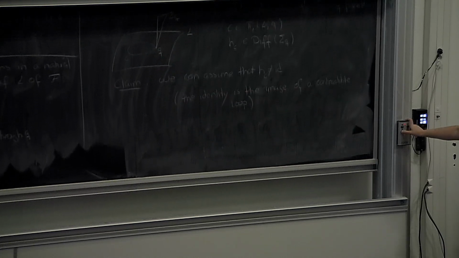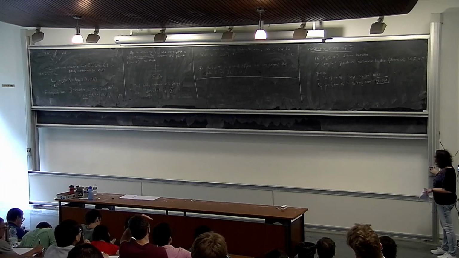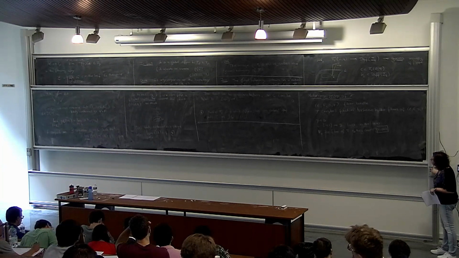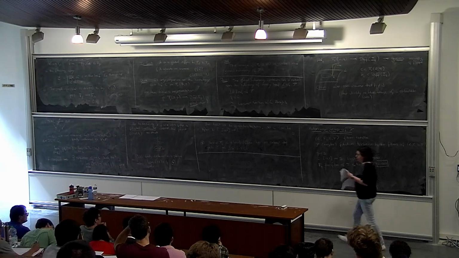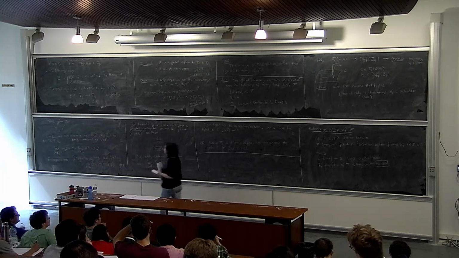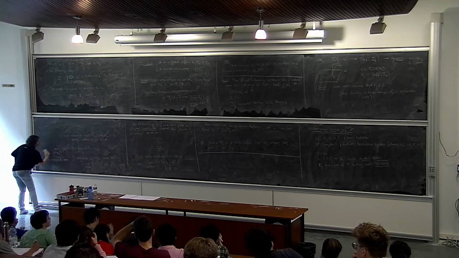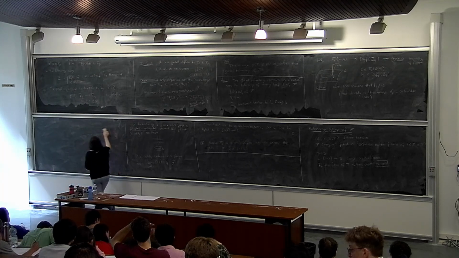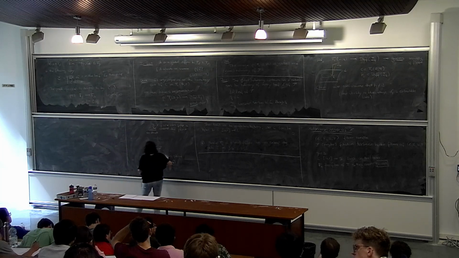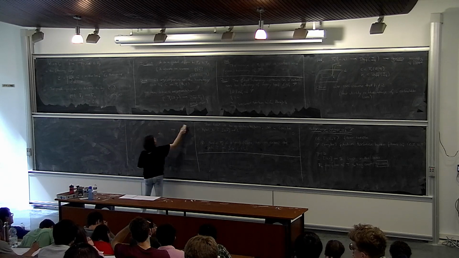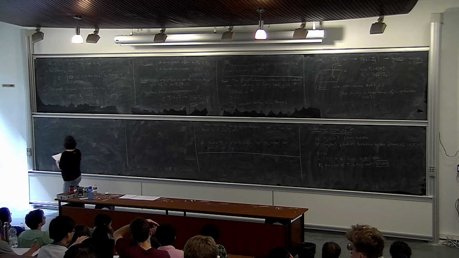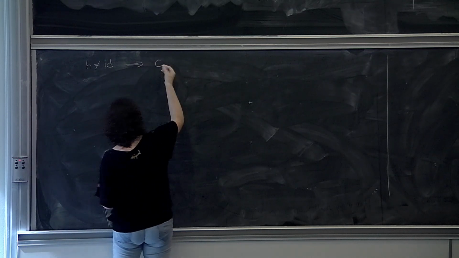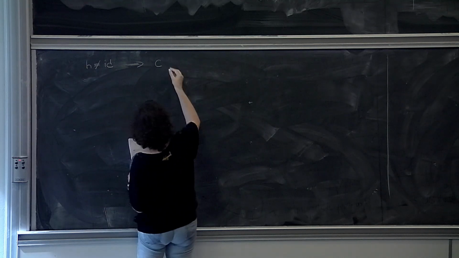Okay, so H different from the identity implies automatically that the loop C is not contractible.